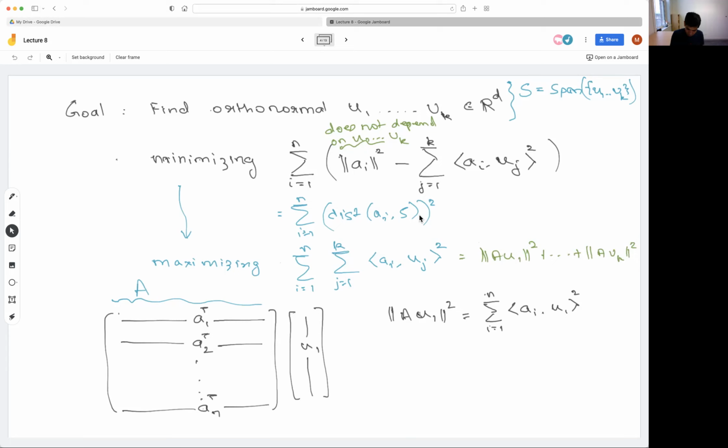And now the goal is, given this matrix, can you find an orthonormal set U1 to UK, which maximizes the norm of A U1 squared plus A U2 squared, etc. Again, this is a convenient way of writing what we are optimizing over, and slowly we'll write it in a form where we can use linear algebra, singular value decomposition, etc., to compute it. But so far, all we have done is rewrite what we want to optimize. Any questions?